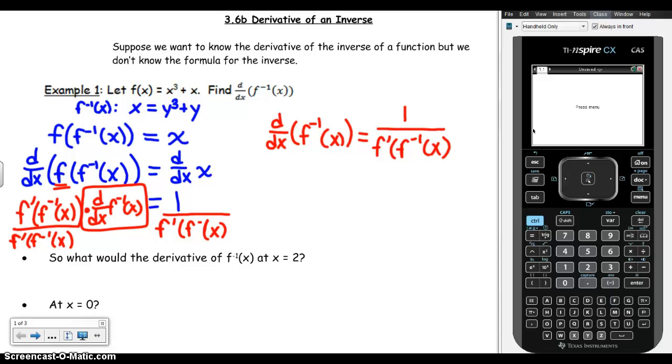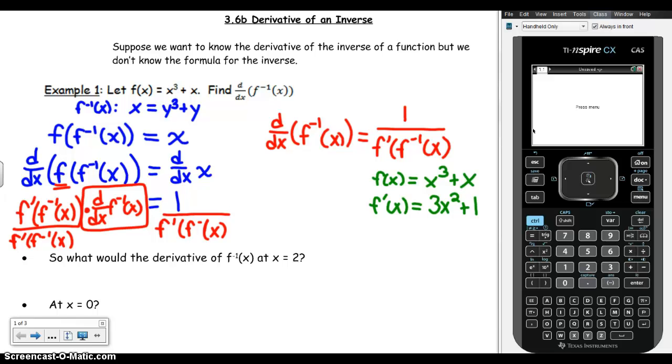So how does this apply to the function we've been given? So the function we've been given, f of x, equals x cubed plus x, and we want to find the derivative of the inverse. So we're going to find the derivative of f of x. The derivative of f of x is 3x squared plus 1.